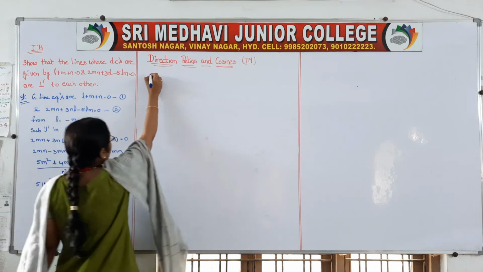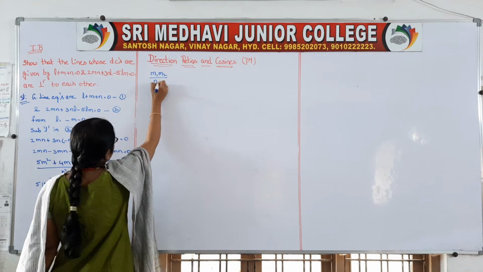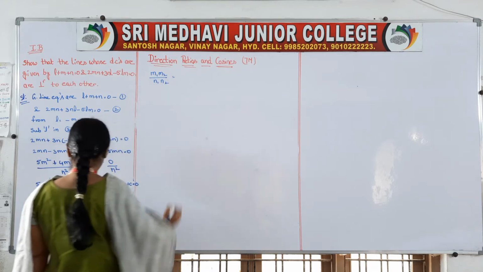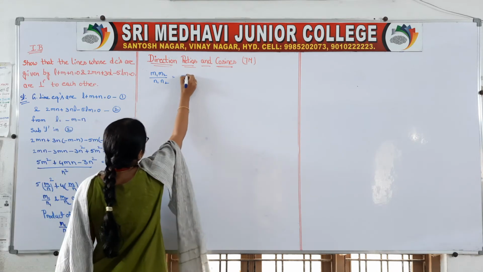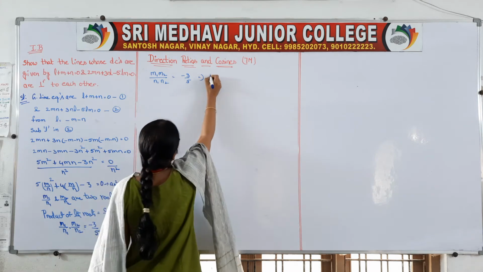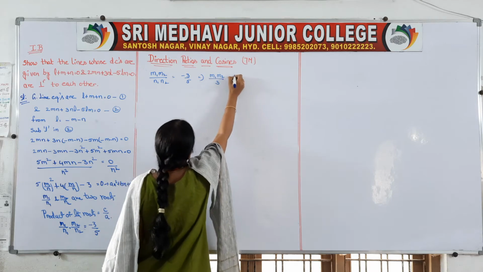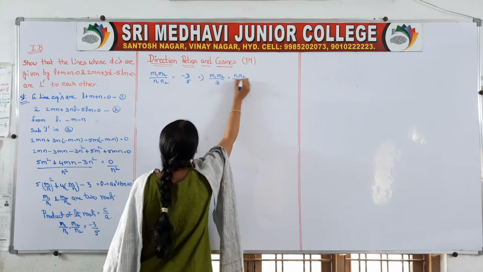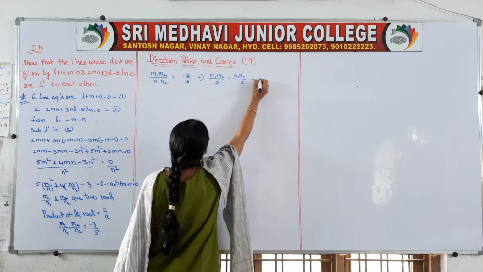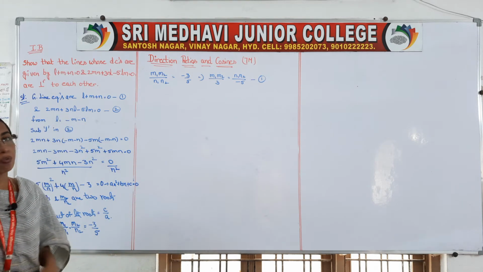So we got m1 m2 by n1 n2 is equal to minus 3 by 5. We can write this as m1 m2 by 3 is equal to n1 n2 by minus 5. You consider this as your equation number 1.